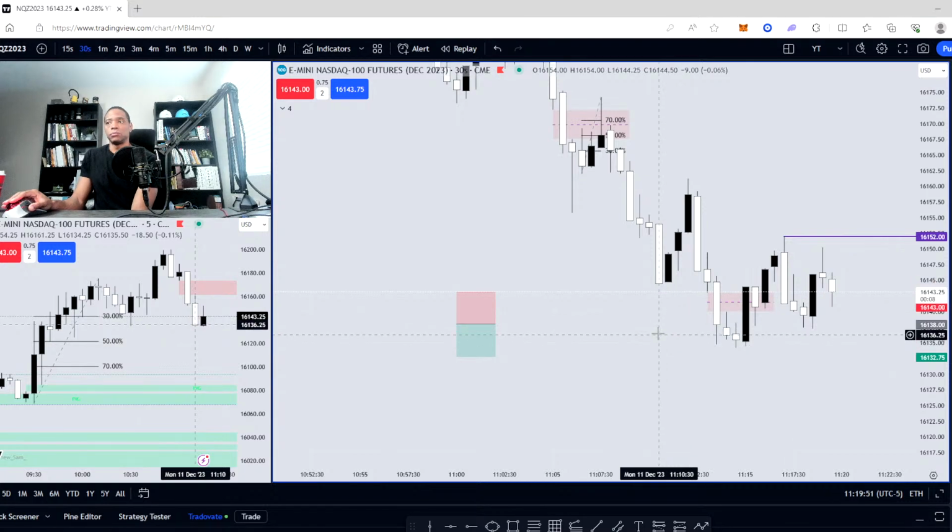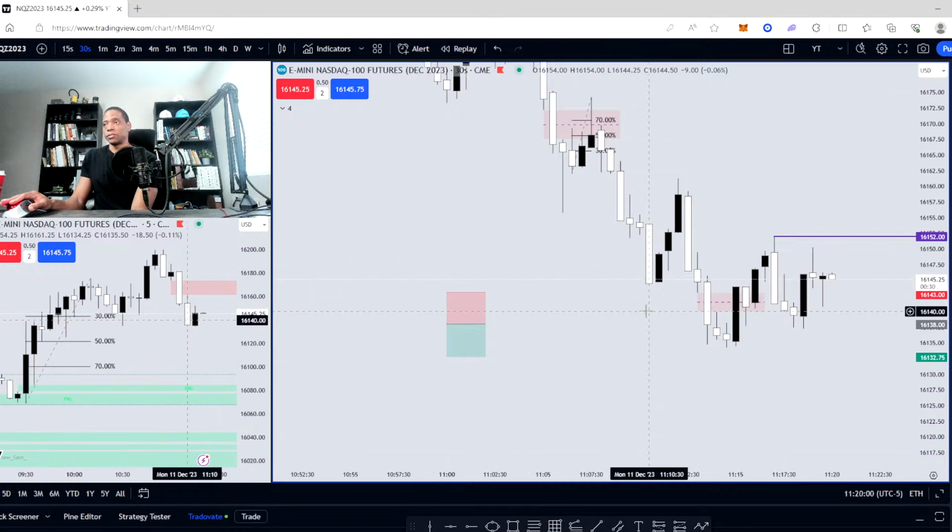Doesn't mean we won't be able to break that area, but a lot of times it doesn't break through on the first pass. It'll reject, retrace a bit, create some more manipulation, maybe take out some more liquidity prior to leaving the area.